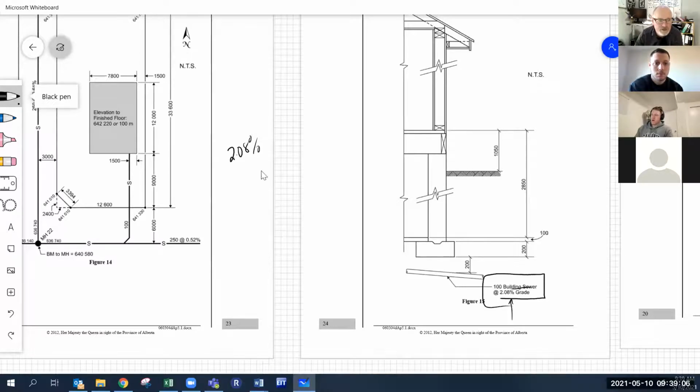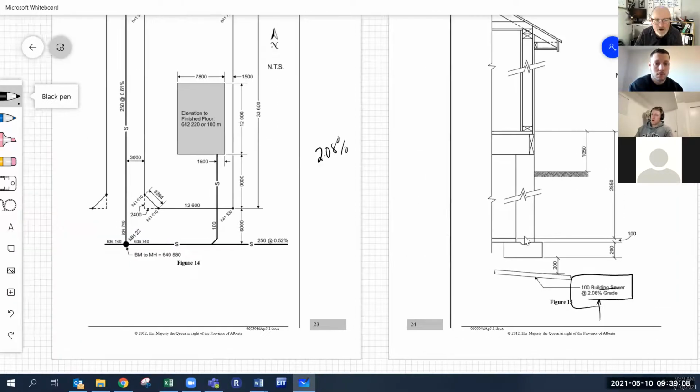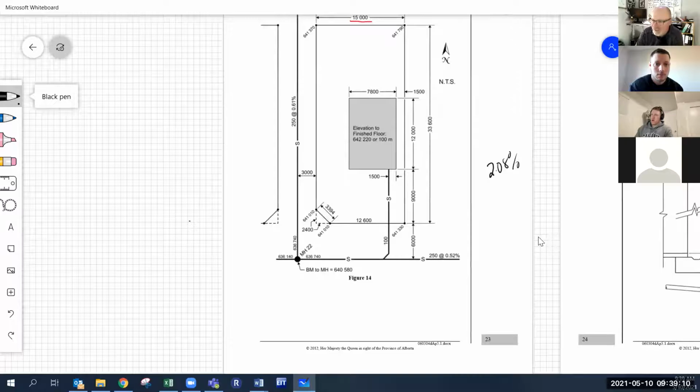Okay. So we want to know the invert elevation of where we connect to this main sewer. So we got to know how far our building sewer runs. So we start here and we end here.